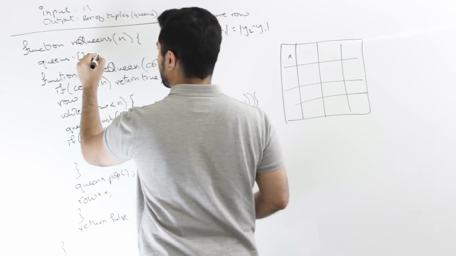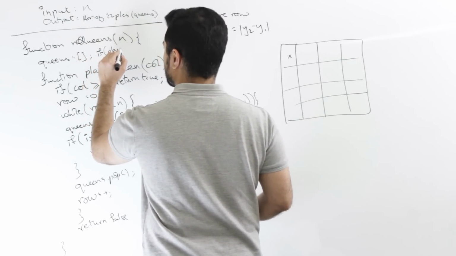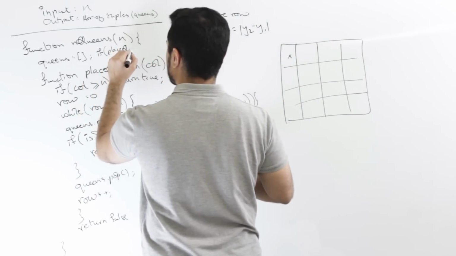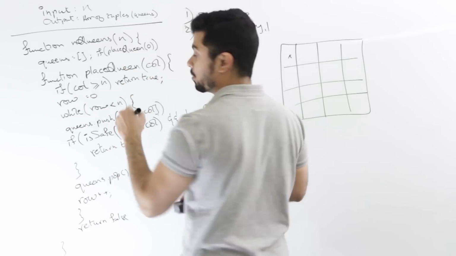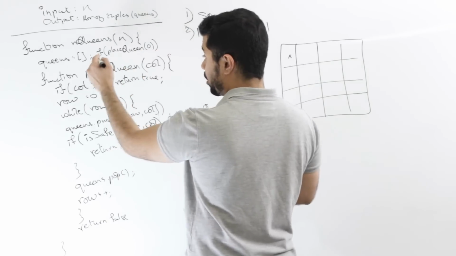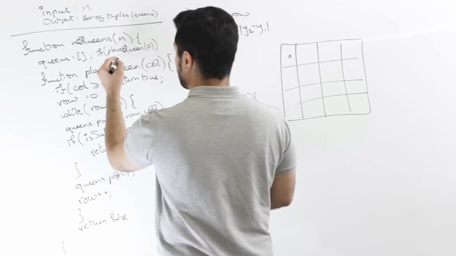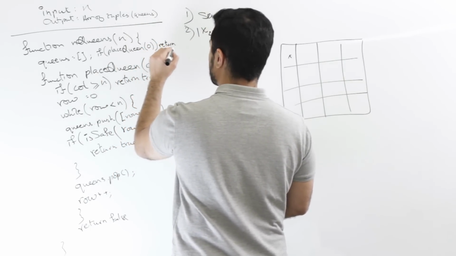So I'll say if placeQueen, initially we give the column 0. If this evaluates to true, basically we are at a solution. Then we just return queens.